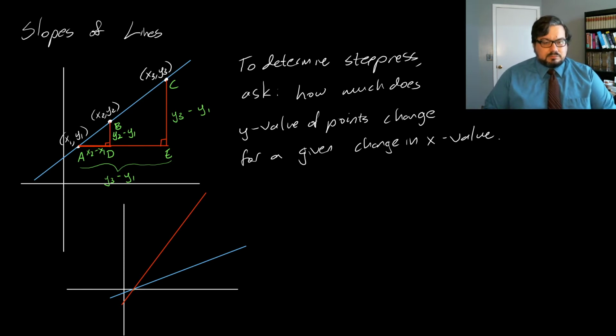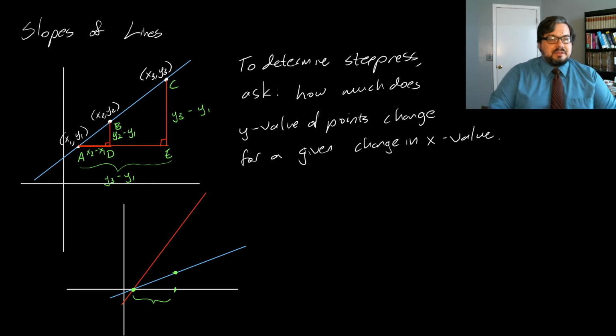Now, what I want to do is look at this point right here, and see what happens if I move to the right by a certain amount. And we can see that if I do that, then the point on the blue line that I get sits there.